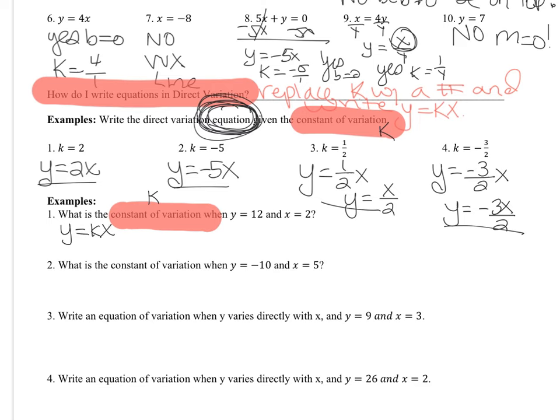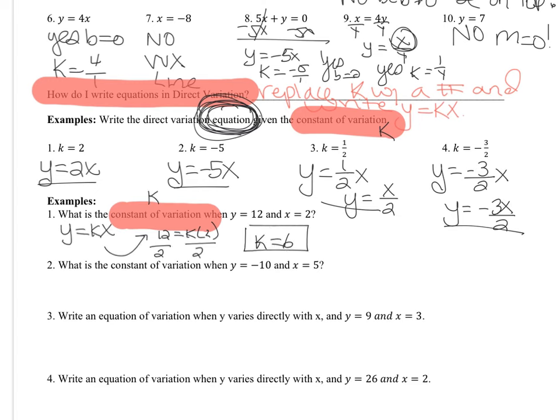And I'm going to plug y in for y and x in for x. So I'm going to come up here, and I'm going to plug 12 in for y, and I'm going to plug 2 in for x. So now I want to find k, so I'm going to divide by 2 on both sides. So k equals 6, and I'm done.